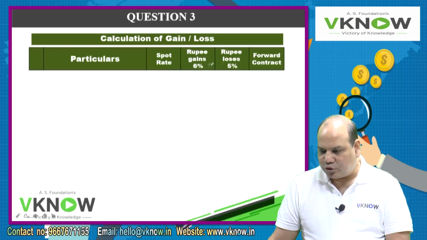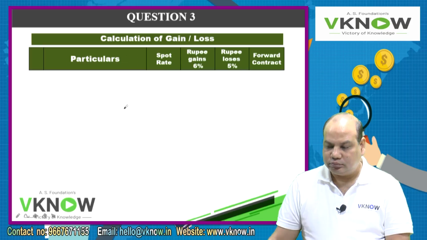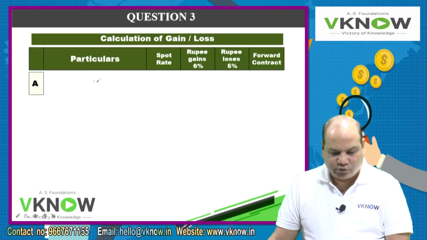So I will draw 4 columns here. Spot rate, rupee gains 6%, rupee loses 5%, and forward rate. If possible, you take a scale and draw lines. There are so many columns.